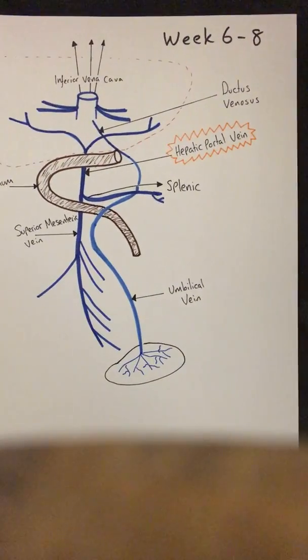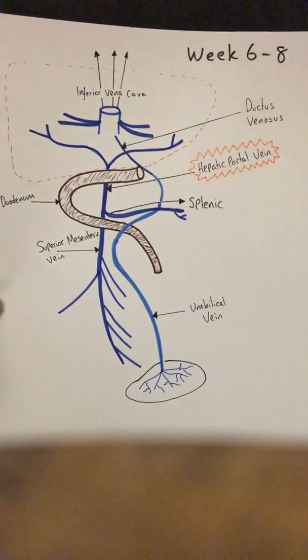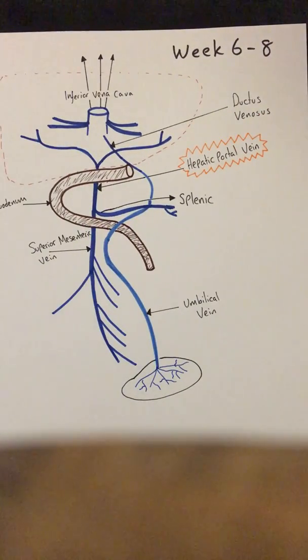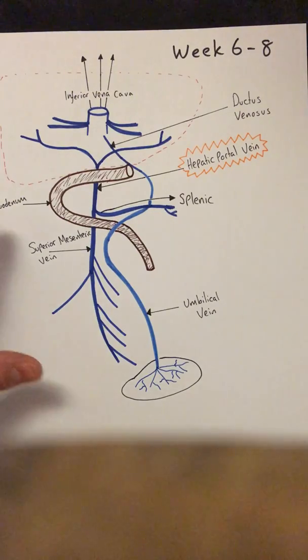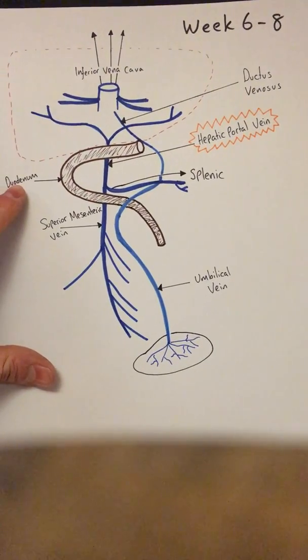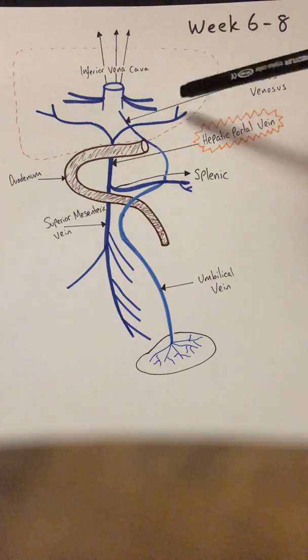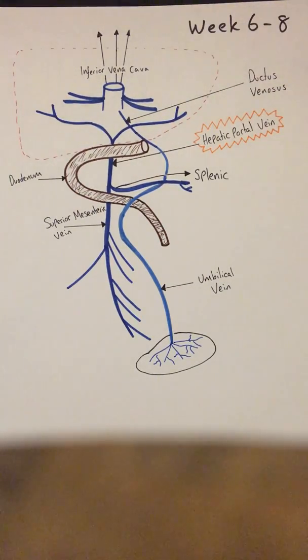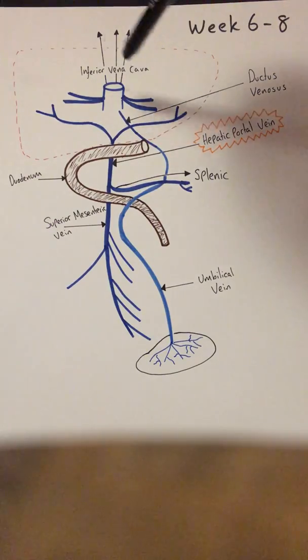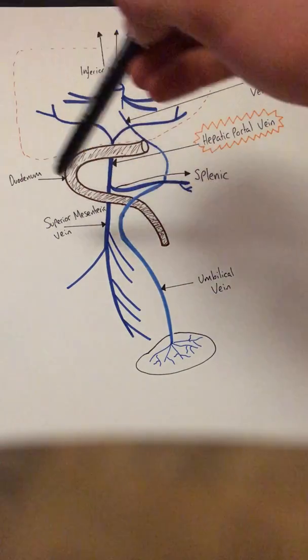Okay, so finally, we've got a bit of a more familiar structure from our point of view in terms of pure anatomy. So I've outlined, you've not actually got the liver fully developed at this stage of week 6 to 8. However, I've just illustrated that to give us an idea of where we are.